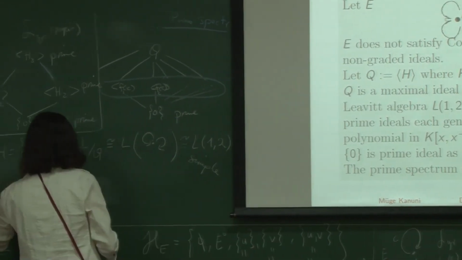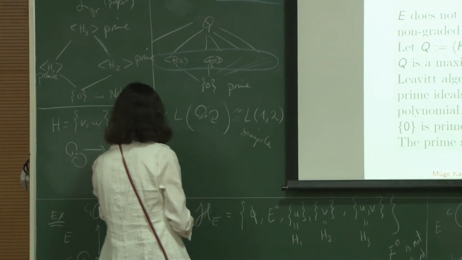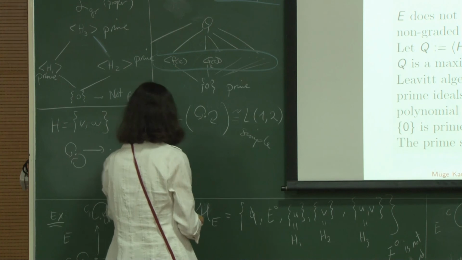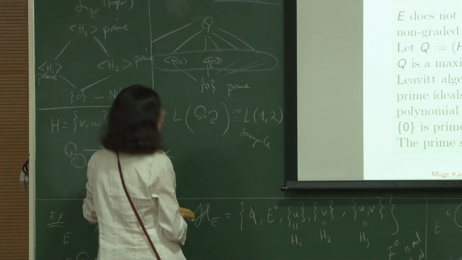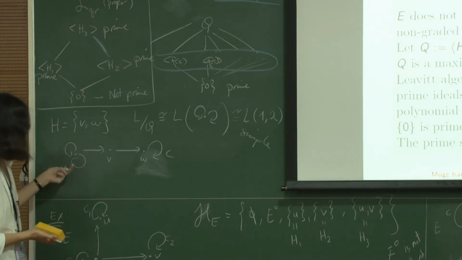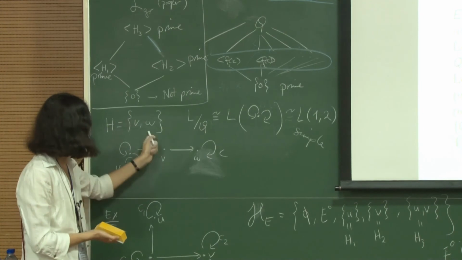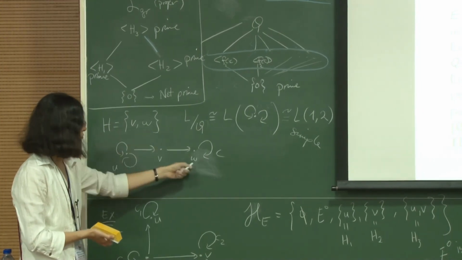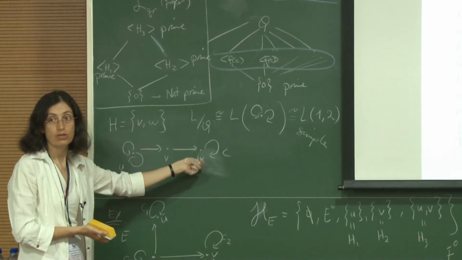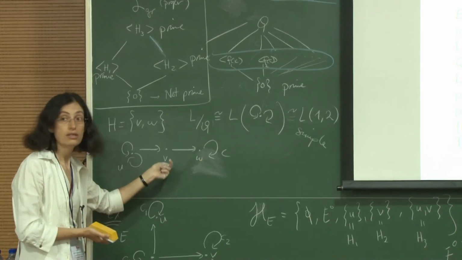Let me put the graph here and move it back. Okay, let's see. That is U and that is U. Now, if you have U in your hereditary set, you have everything. If you have V in your hereditary set, then you have W. That's this one. If you have W in your hereditary saturated set, then do you have V in it?